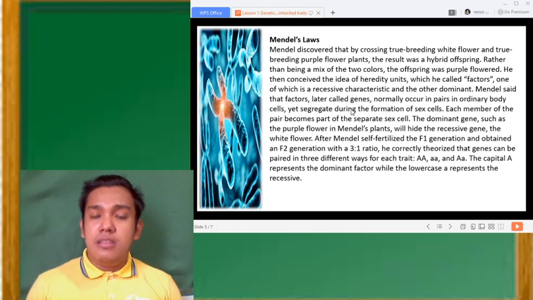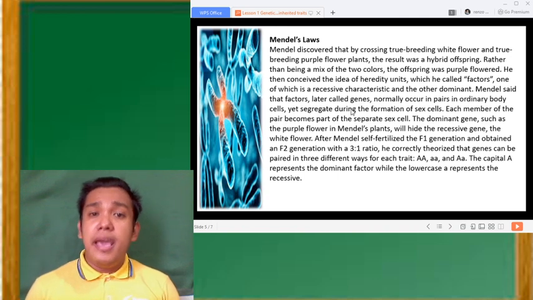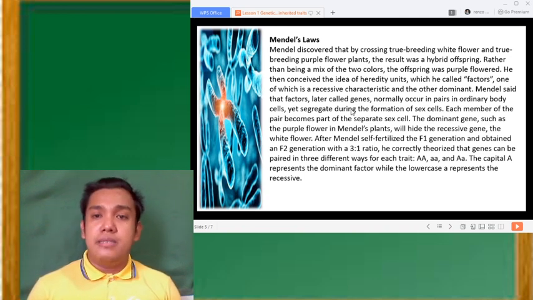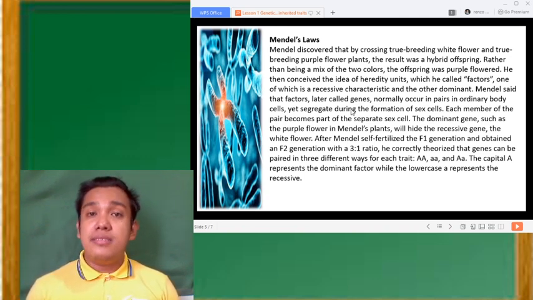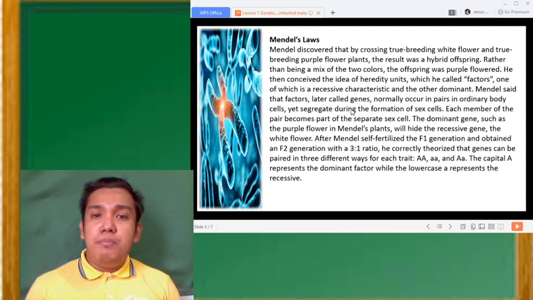So next, Mendel's law. Mendel discovered that by crossing true-breeding white flower plants and true-breeding purple flower plants, the result was hybrid offspring. Rather than being a mix of the two colors, the offspring had purple flowers.